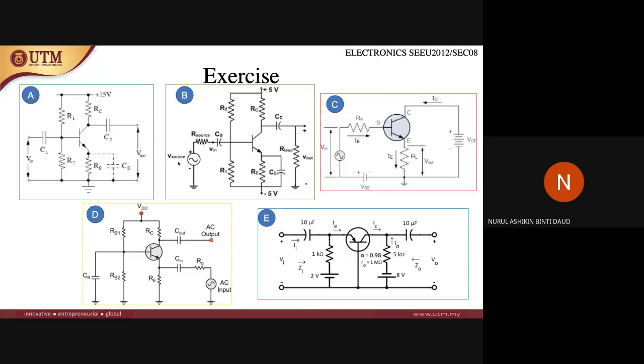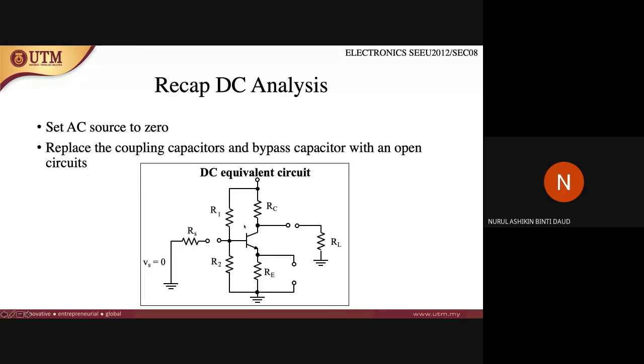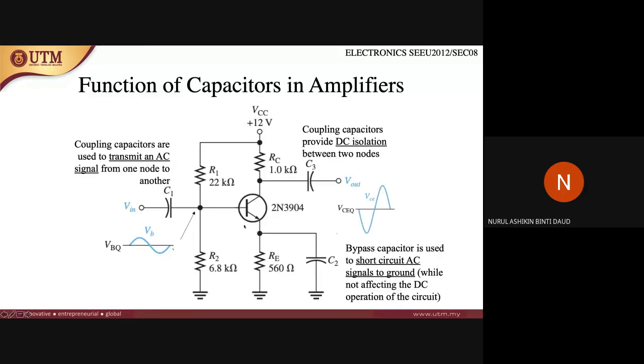You need to know how to differentiate this circuit. For part one, you also need to know the function of the coupling capacitors and also the bypass capacitor.